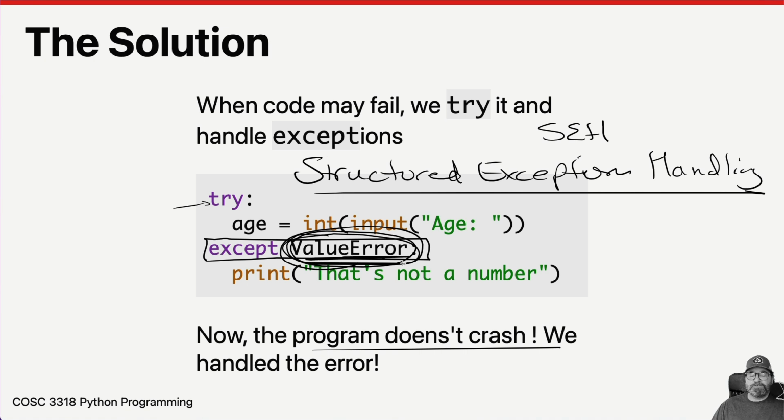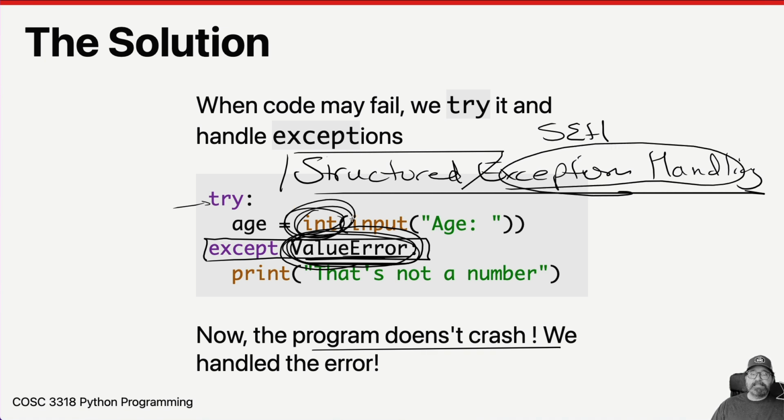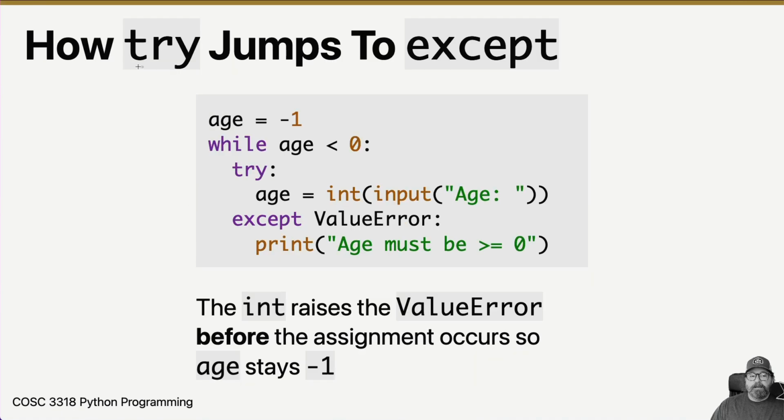Value error is a special kind of structure, which we'll learn about in a couple of modules from now, called classes. So value error is an object of the value error class. And that's the structure we're talking about. And exception handling is being able to say, oh, int raises a value error, so we can handle it with this except block. I just said this, but let's look at a program now.